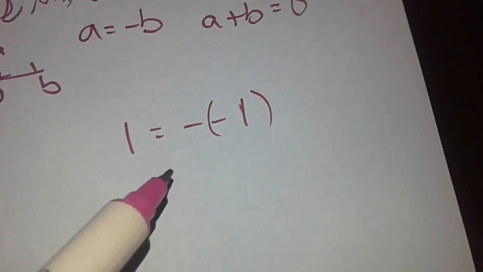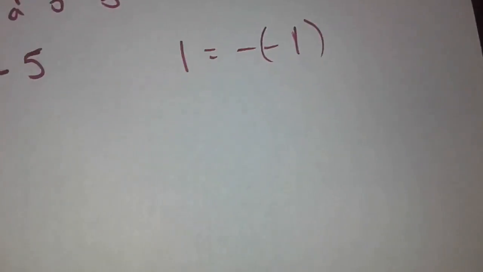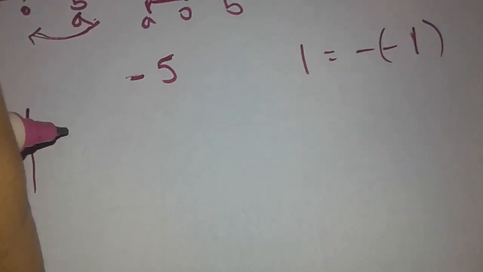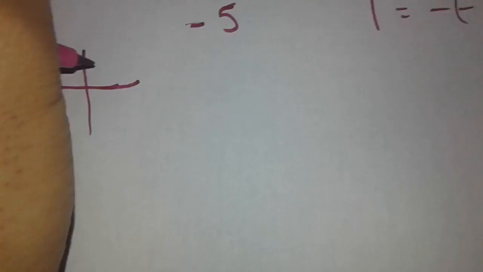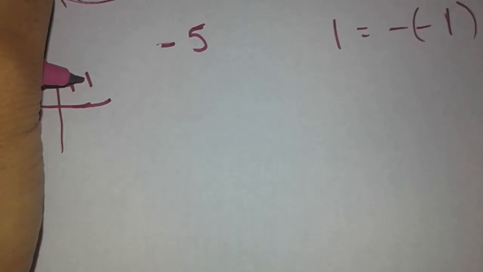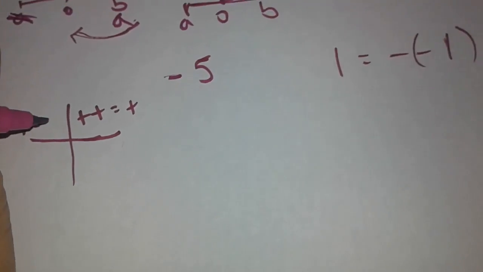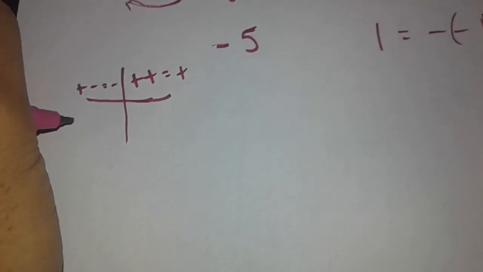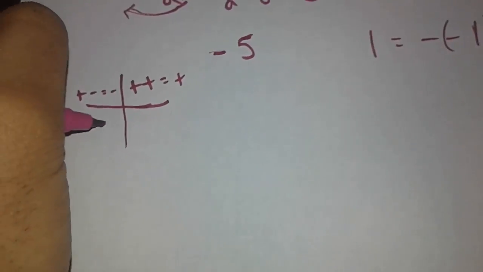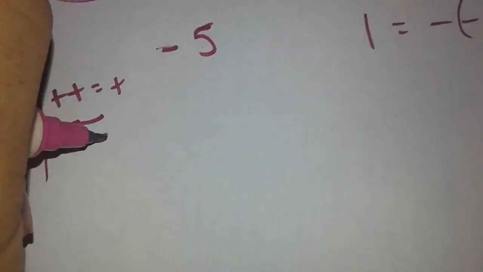That's basically the easiest way to say that in multiplication, they just cancel out if they're the same sign. So a positive times a positive gives a positive. A positive times a negative gives a negative. A negative times a negative gives a positive. And a negative times a positive gives a negative.